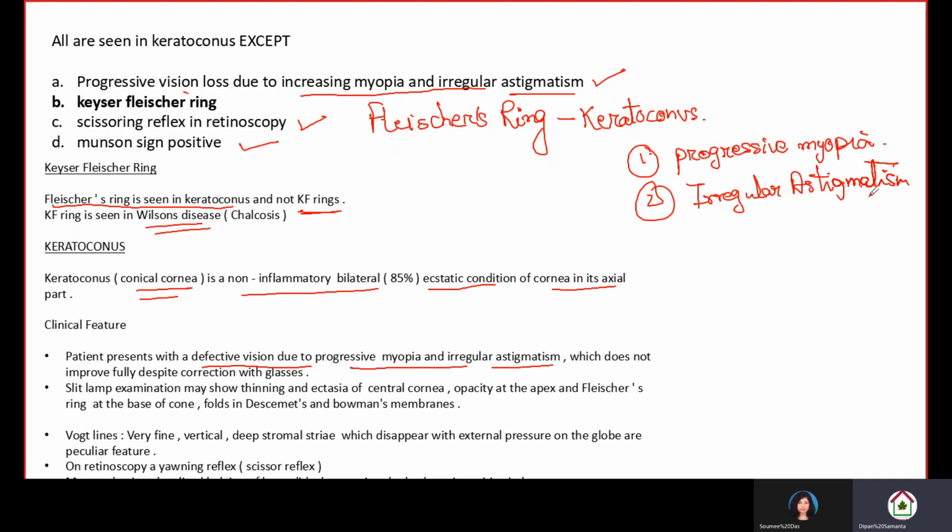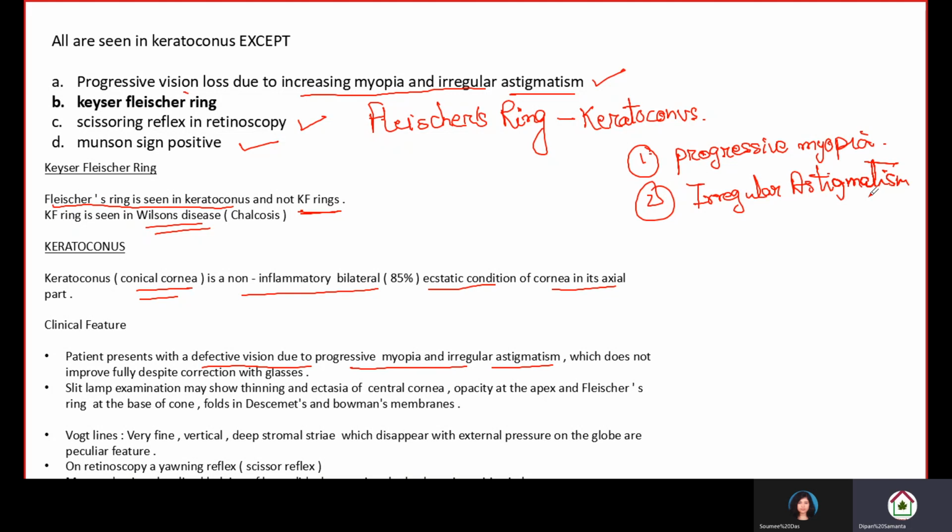So the features should be very clear, or else all the conditions will get jumbled up, and quite advanced types of questions come. Sometimes simple questions, anatomical questions, extraocular muscle questions can come from that portion also, and also from these conditions.